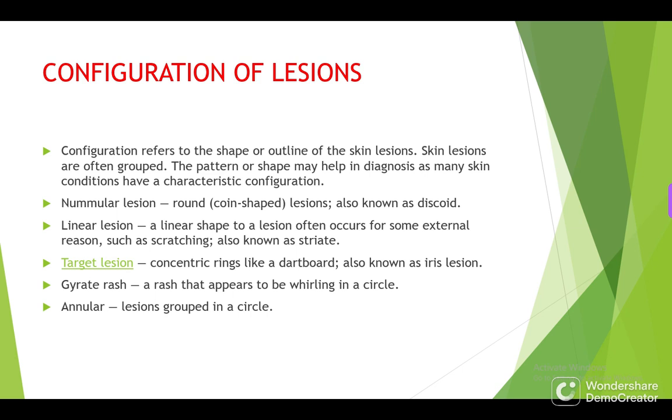Target lesions have concentric rings like a dartboard, also known as iris type of lesion. Gyrate lesion: a rash that appears whirl-like, in a circle. Annular lesions are grouped in a circle, round shape.